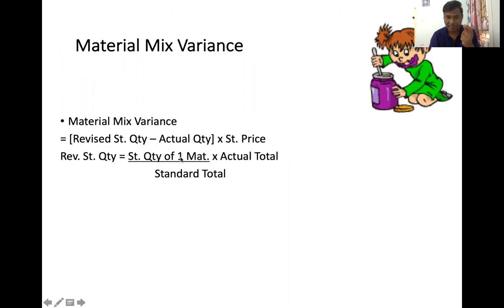Material mix variance: standard quantity of that particular product. In our case there are three products, A, B, and C. The standard quantity of that particular type of material, multiplied with the proportion of that material: the total of actual quantity of material by the total of standard quantity of material, multiplied with that particular type of material.